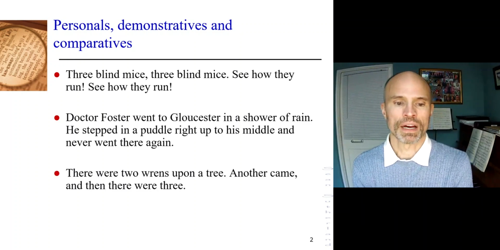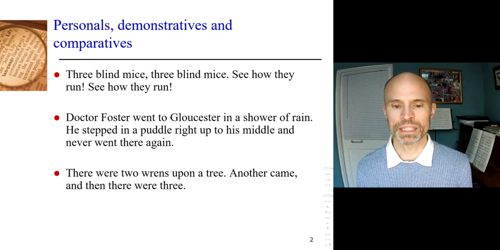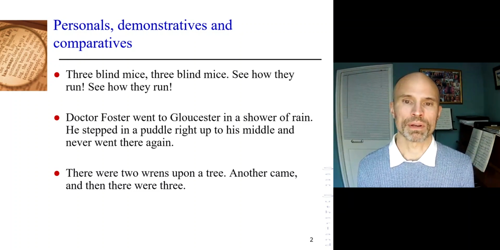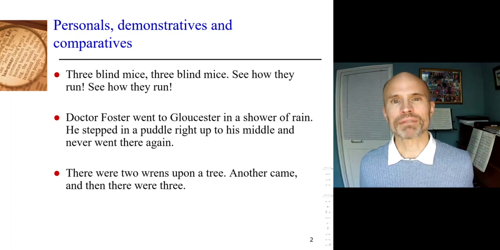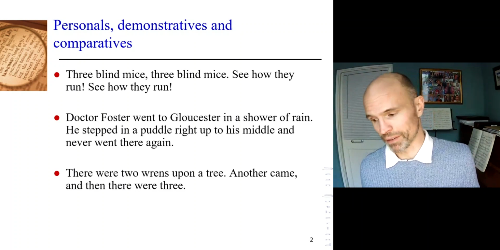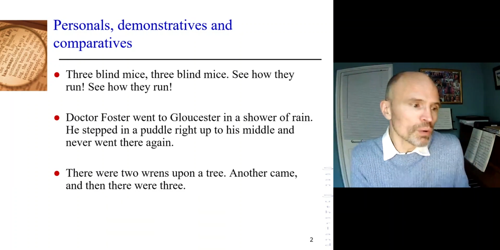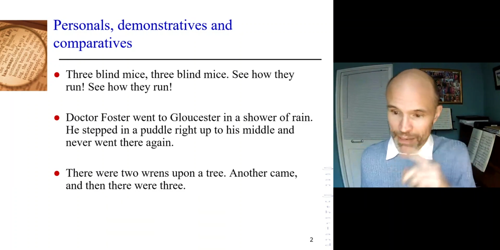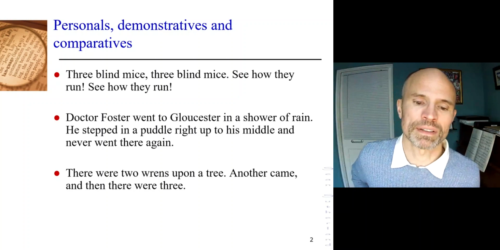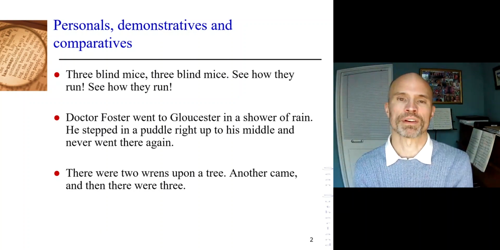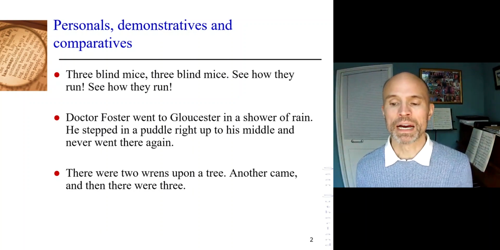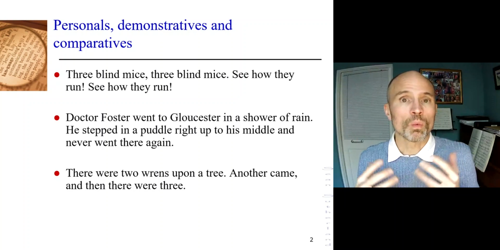Finally, here we have: there were two wrens upon a tree, another came, and then there were three. A comparative reference is where you are comparing something to other things, but you need to know what the other things are in order to make the comparison. Look at the second sentence of the third example: another came. Now here, another what?